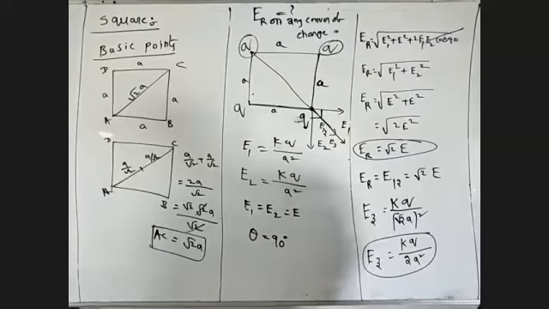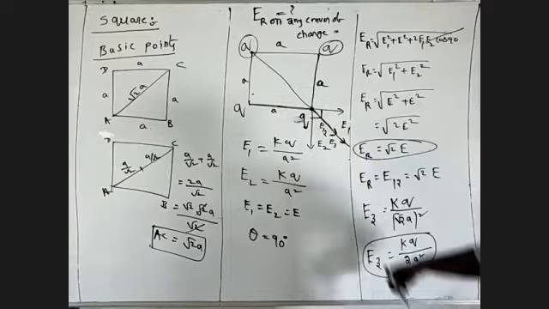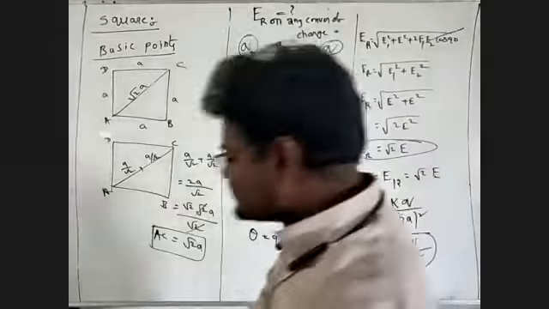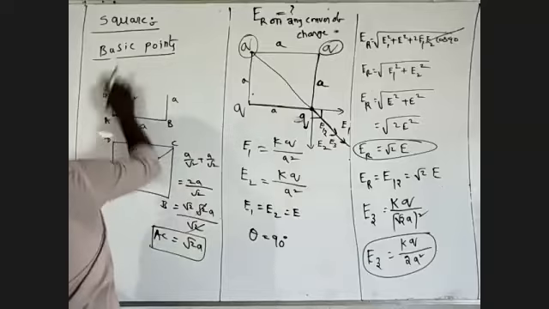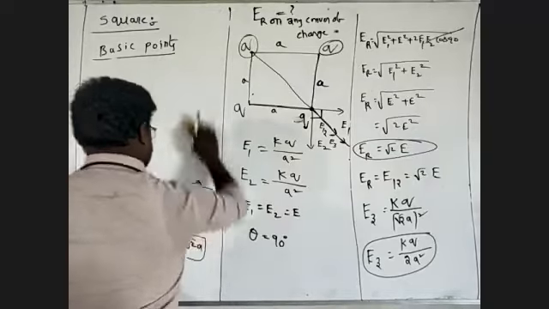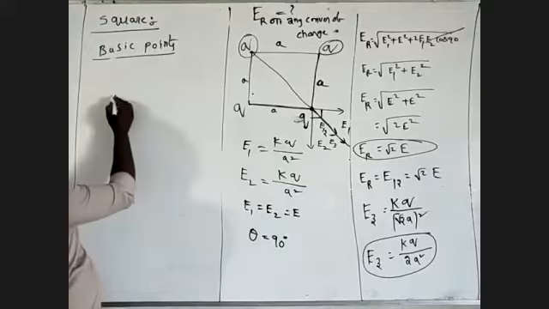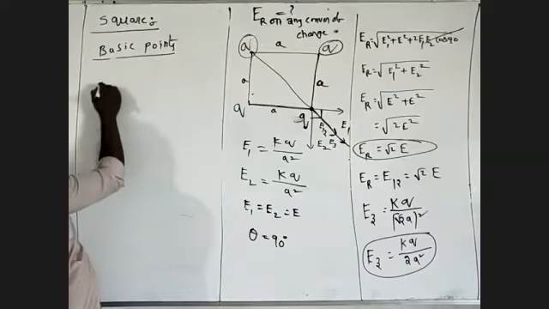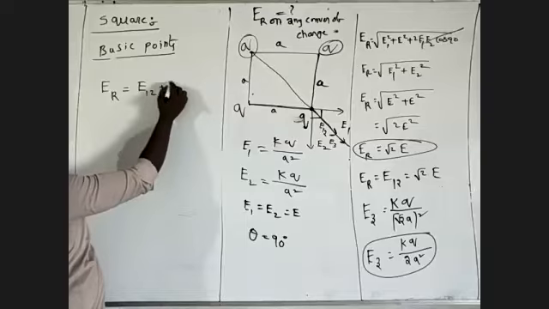You will see E12 and E3 both are in the same direction, so the resultant electric field we have to add. ER is equal to E12 plus E3.